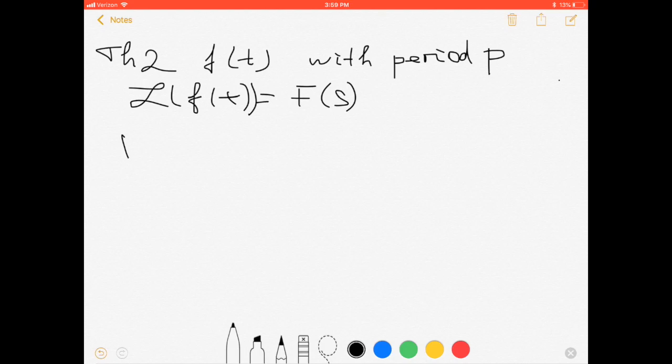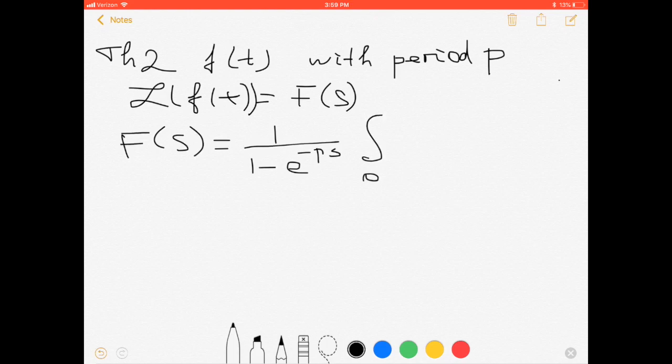Then F(s) equals 1 over 1 minus e to the power negative ps, times the integral from 0 to p of e to the minus st f(t) dt. Looks scary, but we try to use this theorem and you can see it's no problem.